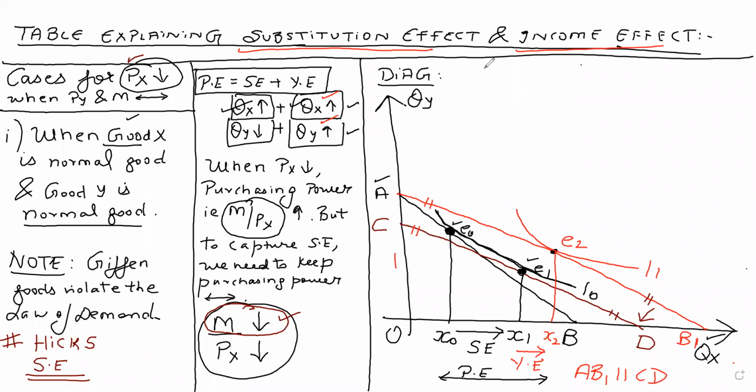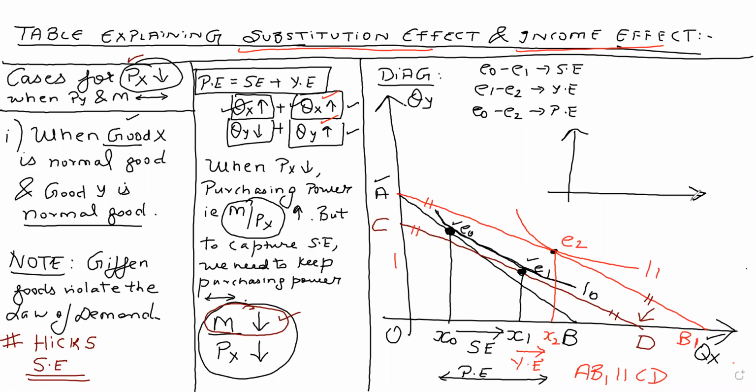So I can write it here: E0 to E1 substitution effect, movement from E1 to E2 is income effect, and movement from E0 to E2 is the total price effect. So if I plot these points E0 and E2 in a graph, this is QX, this is PX.